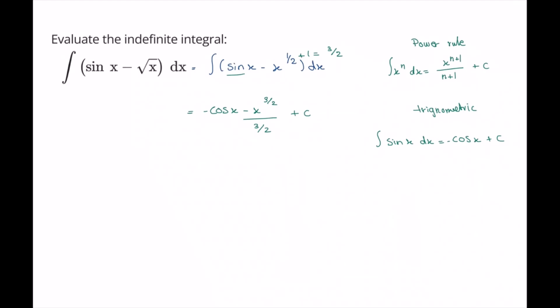By doing that, we will have to move the fraction in the denominator upwards, but with flipping the numbers, which means negative cosine minus 2 over 3 x to the power of 3 over 2 plus c. This is the final answer.